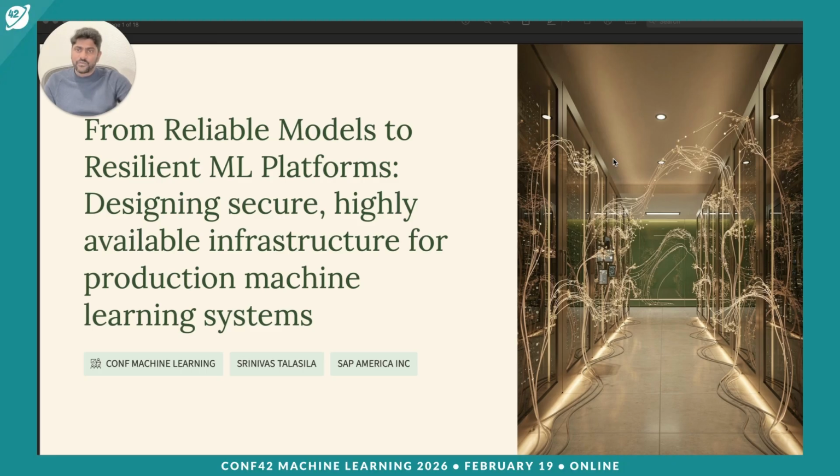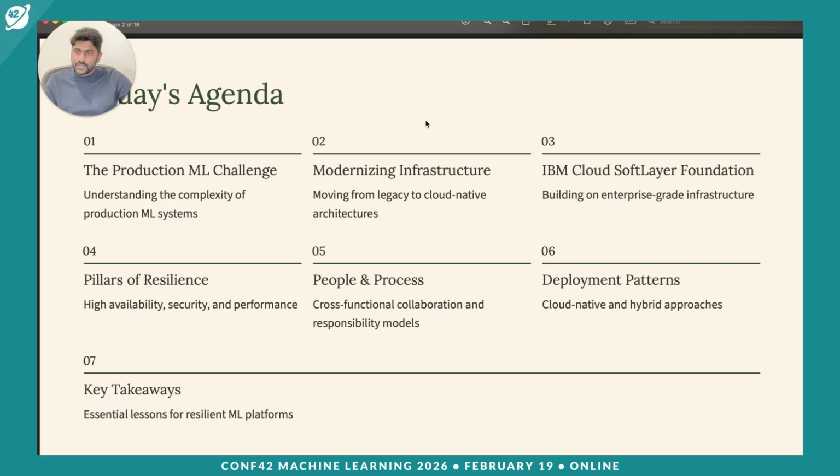With that, let's quickly go through the agenda. Today's agenda is to go over, on a high level, the key challenges. We can talk more about the challenges to help us understand why this is important and what the key factors are that need to be considered to overcome production use case challenges.